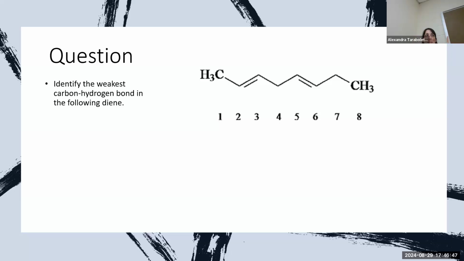Think about all the other things we talked about before. What I'm really asking is, what's the best place to put a positive charge here? You try to use the numbers up here. See that they numbered the carbons?